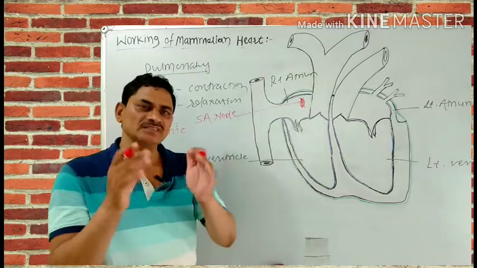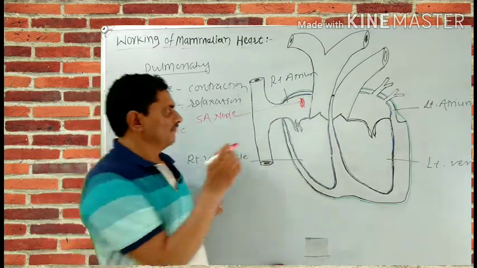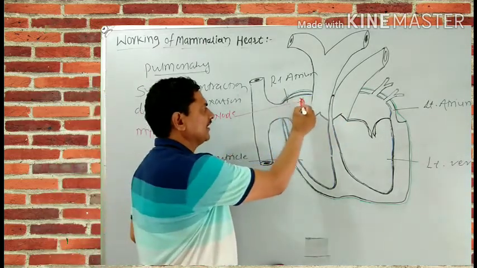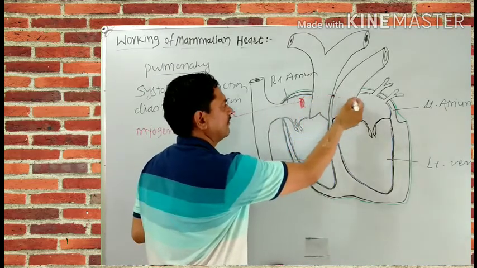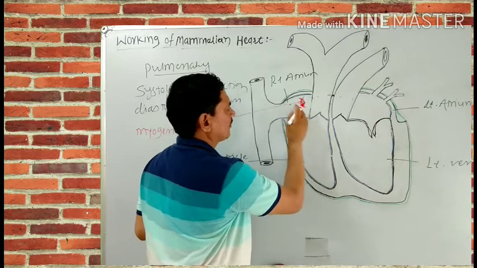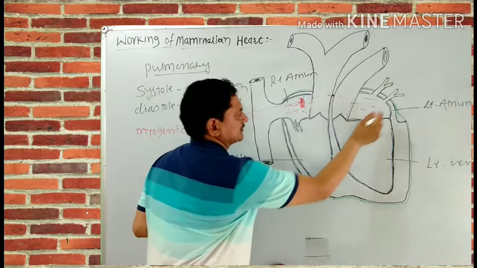Now, what happens when the atria or auricles contract? A wave of contraction initiates from this region and spreads all along both the atria or the auricles.